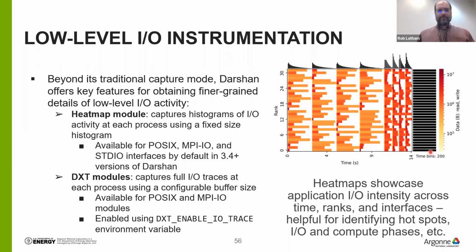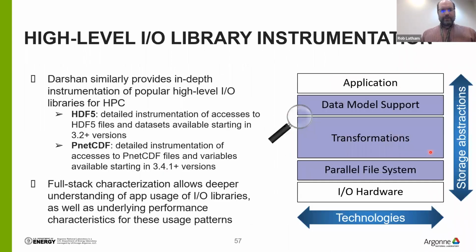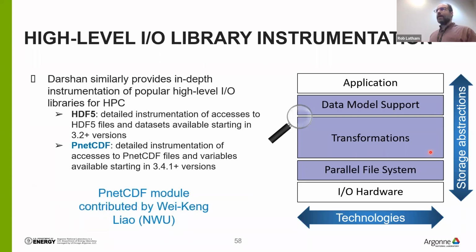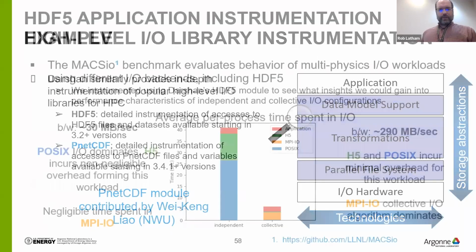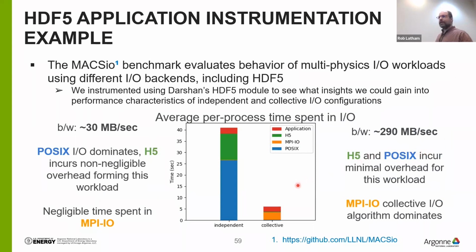All right. Moving on. We can do tracing and studying the higher level IO libraries too. Here, this report didn't come from a Darshan report. We pulled it out of the logs and massaged it in matplotlib, but you can collect all the timers and information that's in the Darshan log.